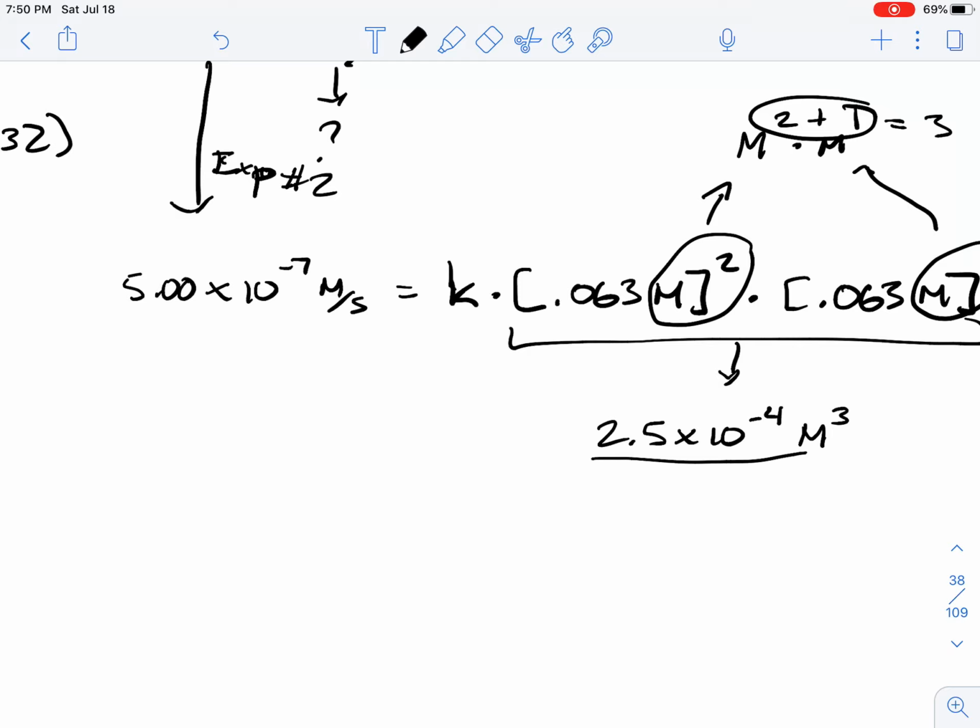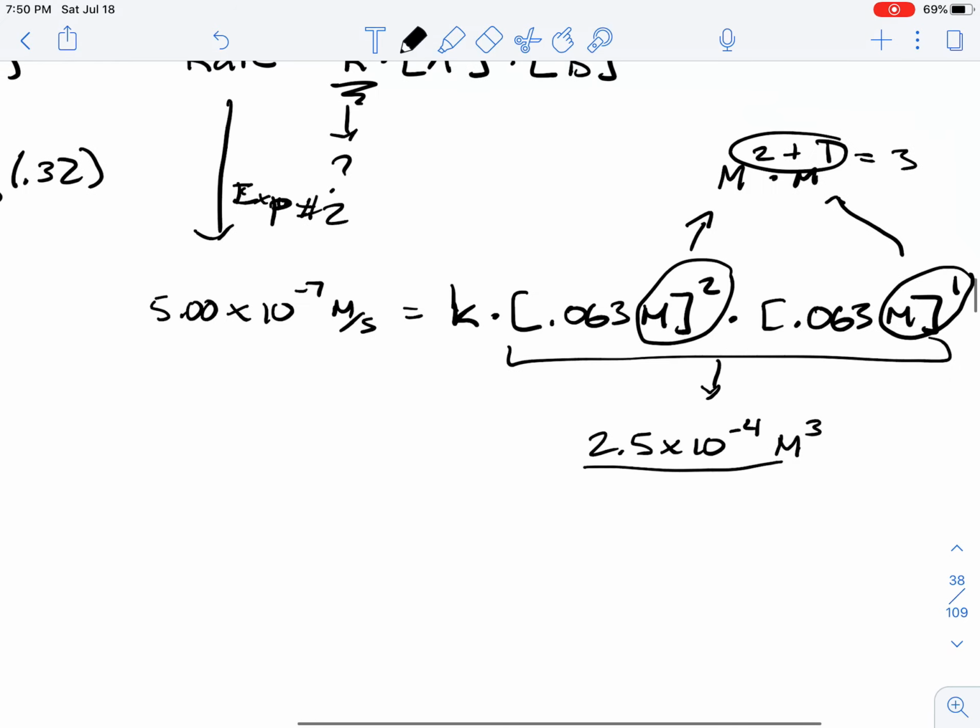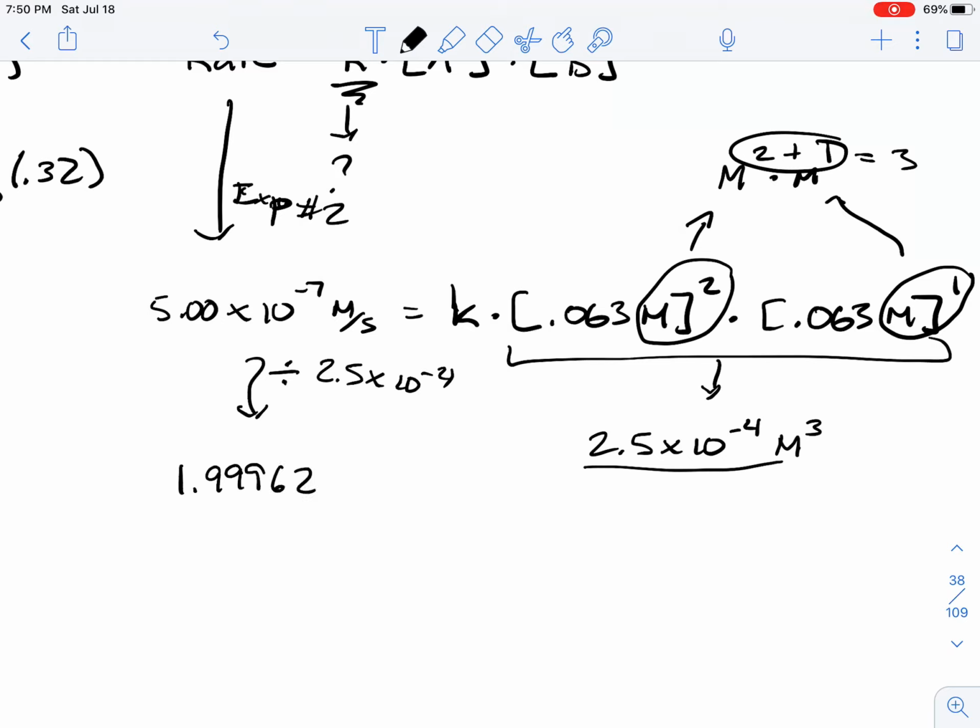So here I have 5.0 times 10 to the negative 7, divided by 2.5 times 10 to the negative 4. And if I were to divide this, I would get 1.99, lots of 9s actually, 62, and the list goes on, times 10 to the negative 3.